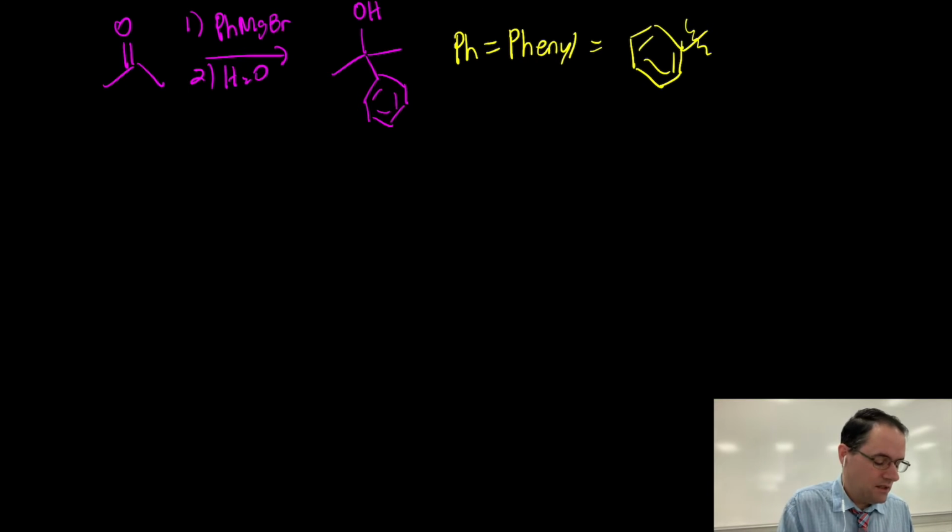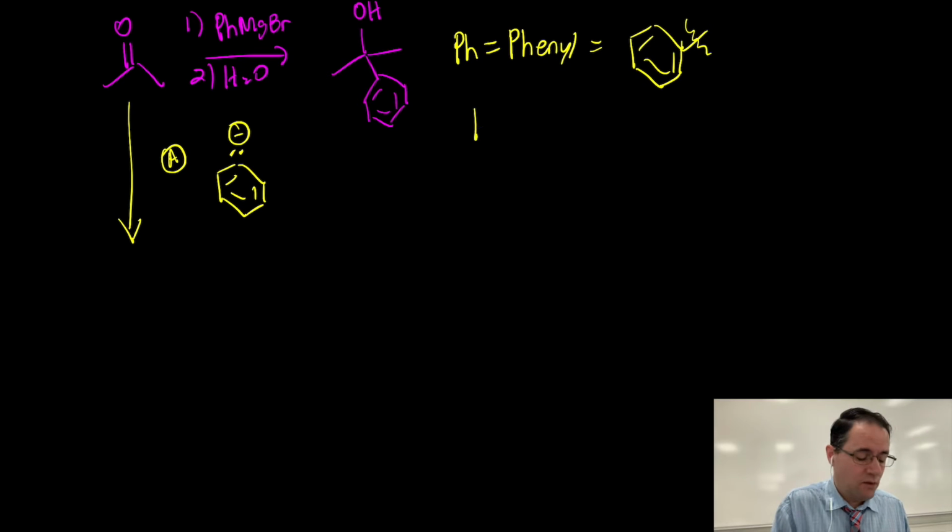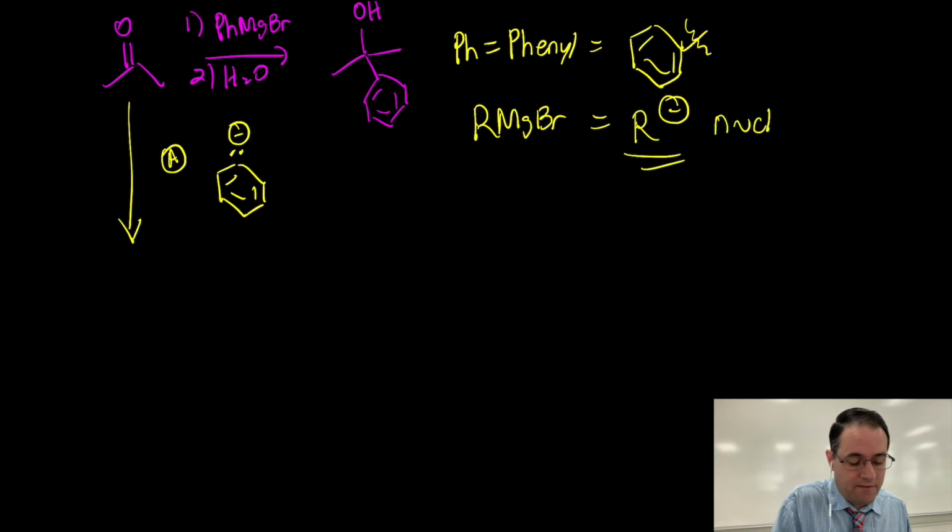So let's take a look at step 1. In step 1, we have attack. What we have is a phenyl magnesium bromide, and we can basically draw the carbanion. So if you have RMgBr, that's the same thing as R minus, and that's the nucleophile. That's what we call a carbanion.